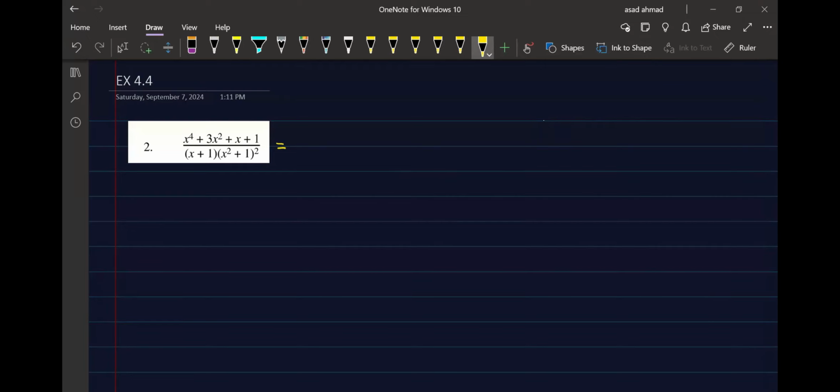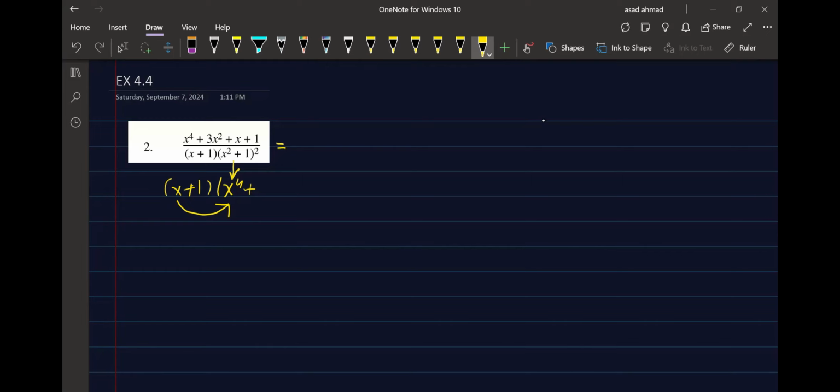For that purpose, we have to see that the maximum power in the denominator can be x raised to power 5, because once we expand this term, we will get x raised to power 4 as the highest power, and we have 1x plus 1 in the linear term. Once the two terms are multiplied, it will become x raised to power 5. That will be the highest power in the denominator. While in the numerator, the power of x is x raised to power 4. So the numerator degree is less than the denominator degree. That's why it is very much a proper fraction.